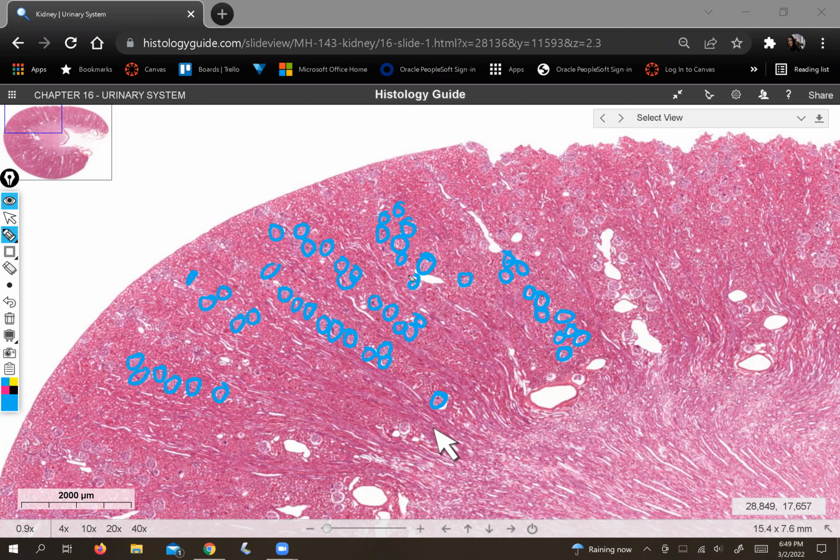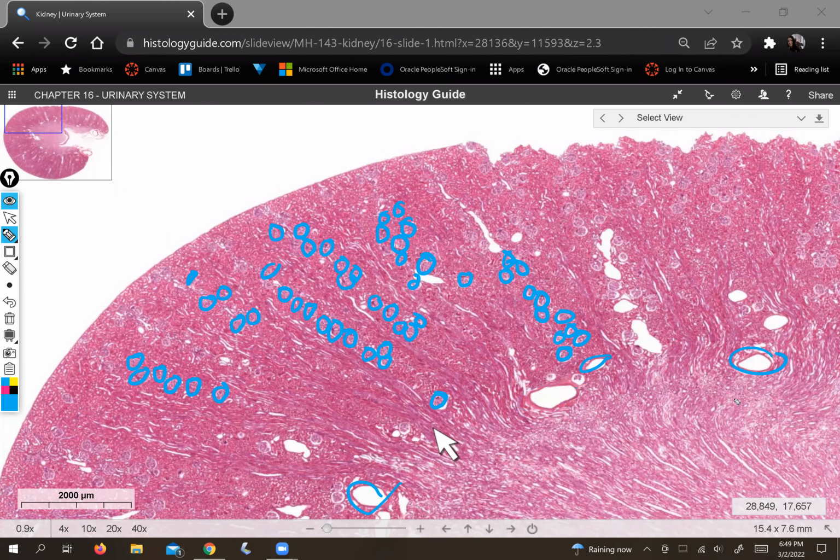And all of the afferent arterioles arise from cortical radiate arteries, which are arteries that are positioned in the renal cortex, and they are radiate because they radiate away from the arcuate artery that lines the edge between the cortex and the medulla. You can actually see some arcuate arteries and veins here and here.